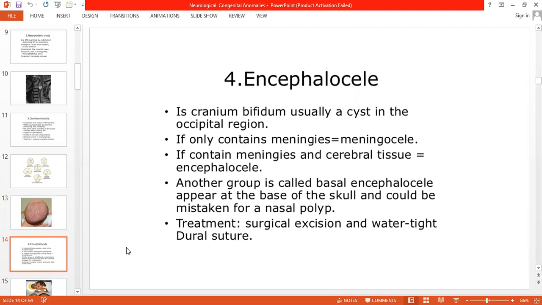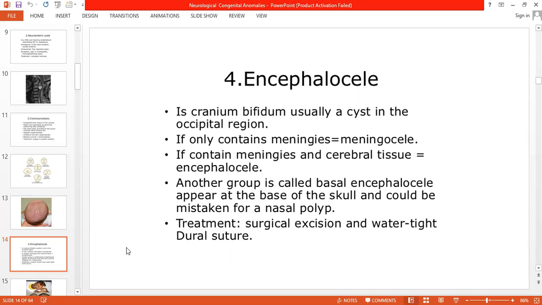If it only contains the meninges, it is called meningocele. If it contains meninges and cerebral tissue, then this is called encephalocele. Another group is called basal encephalocele, located at the base of the cranium. Sometimes they are mistaken for a nasal polyp when they are seen in a patient with nasal obstruction.